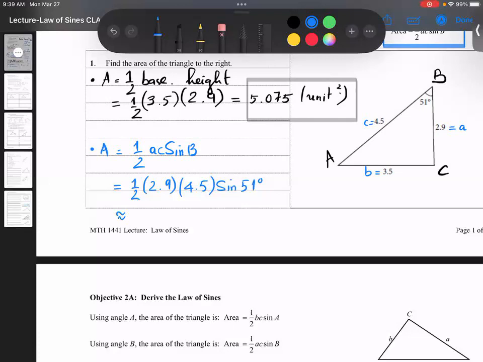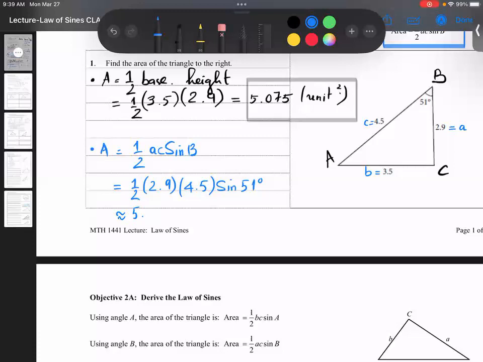What did you have? 5.523? Let me do it again. Okay, 5.071. Let me take a look. 0.5 times 2.9 times 4.5 times sine of 51.